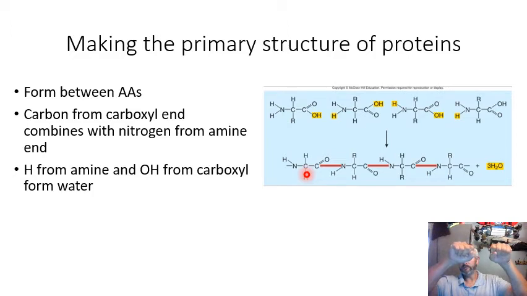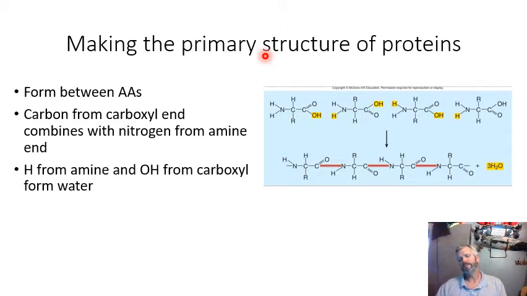Alanine needs to go next. Threonine needs to go third. That tells you what amino acids need to go in what order. This gives us the primary structure of our proteins: the order of amino acids bound together.